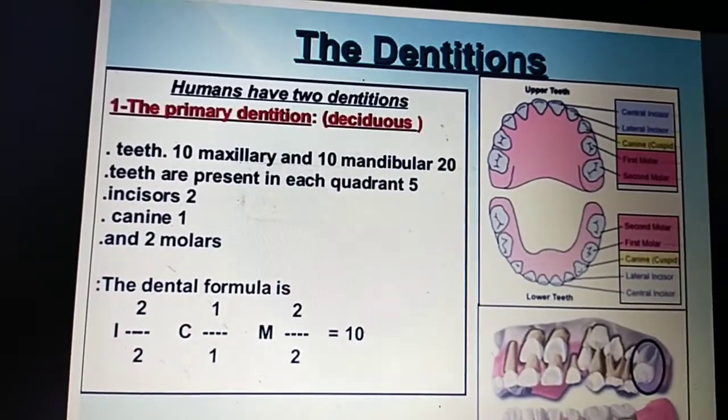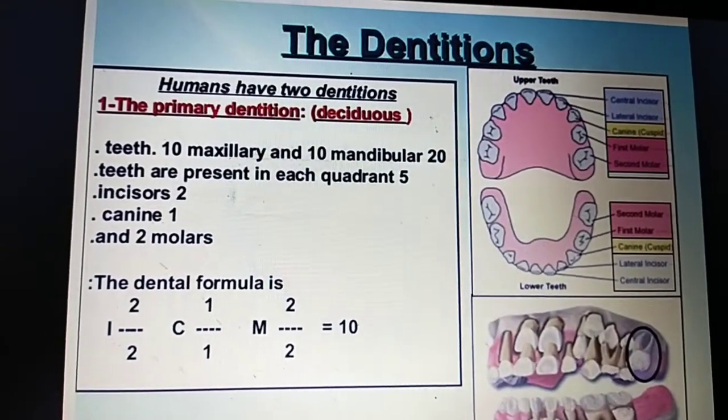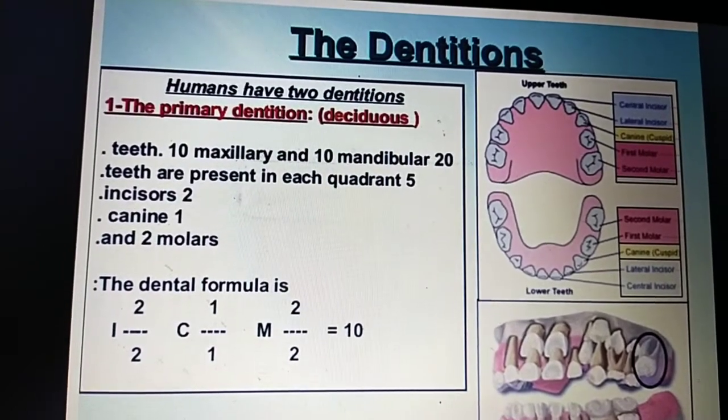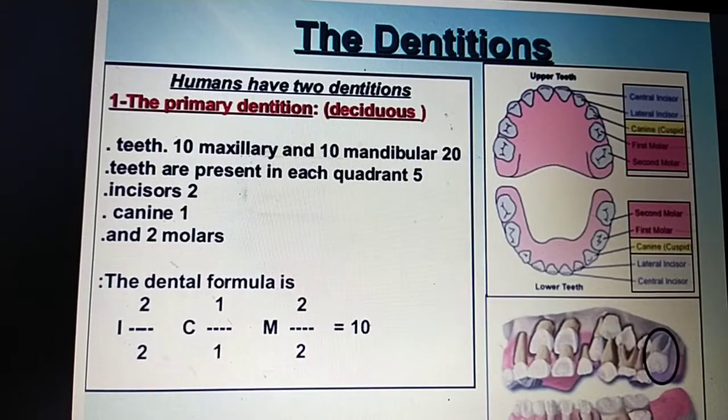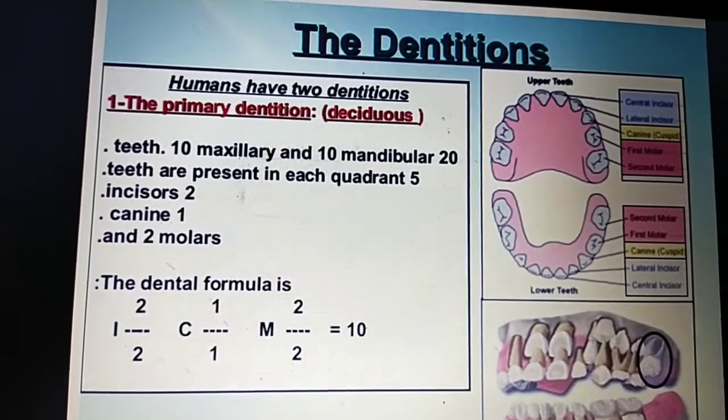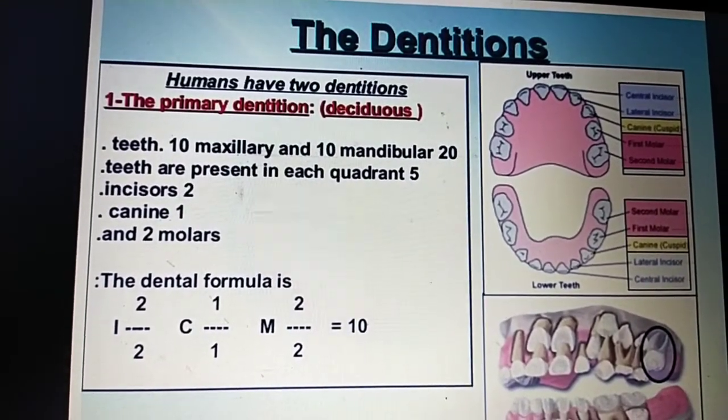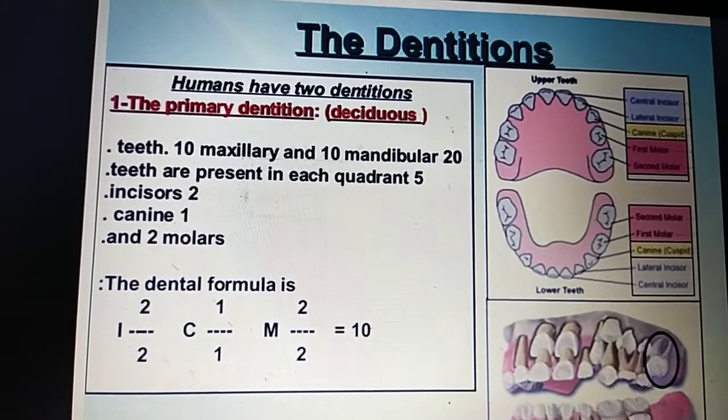Now you can go for the numeration or dentitions. There are two types of dentitions. One is primary dentition, also called deciduous.